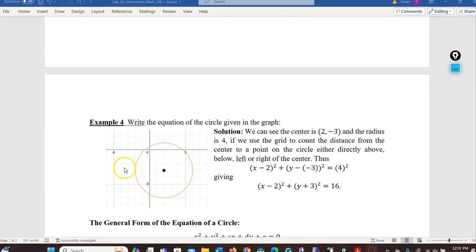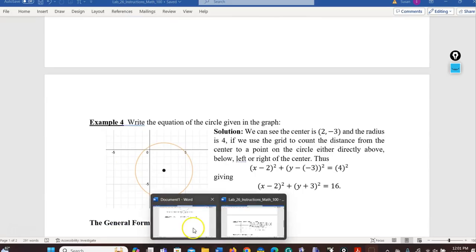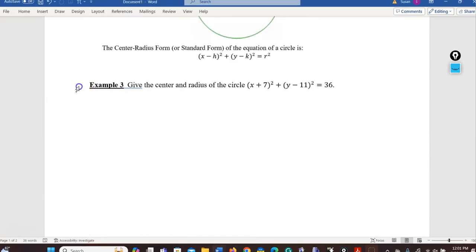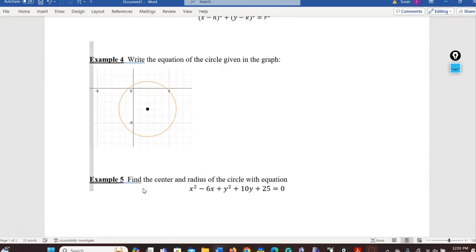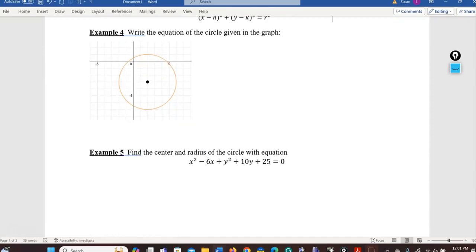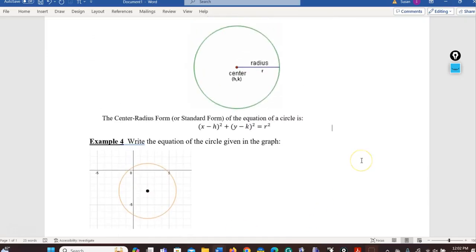Write the equation of the circle given in the graph. Okay, so I have this over here. All right, now I've been given a grid system there.